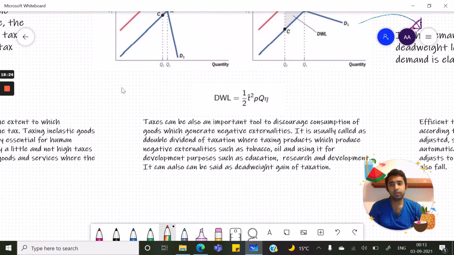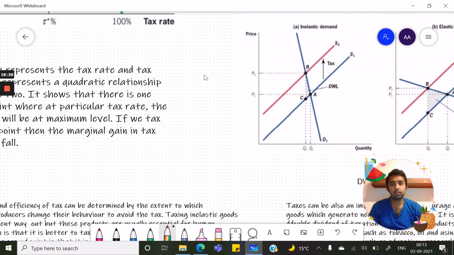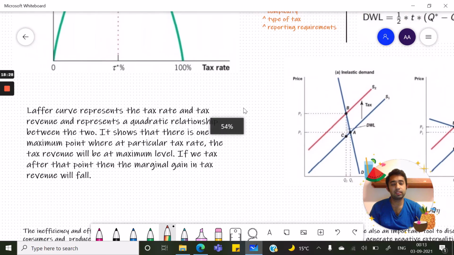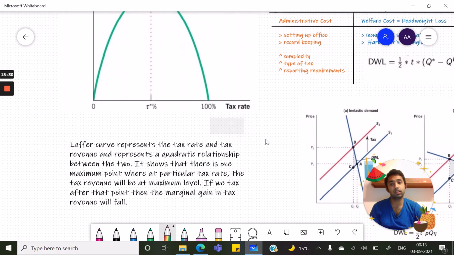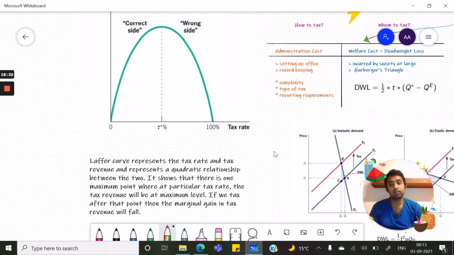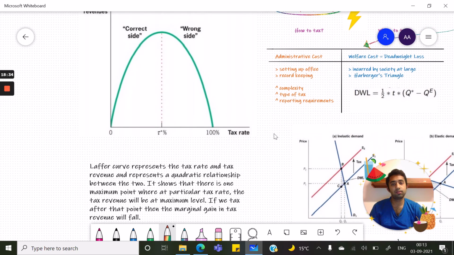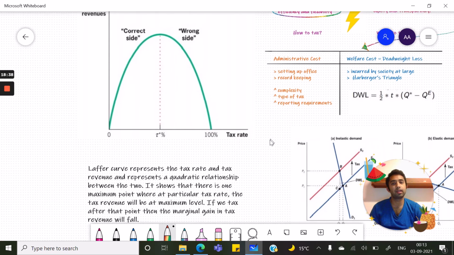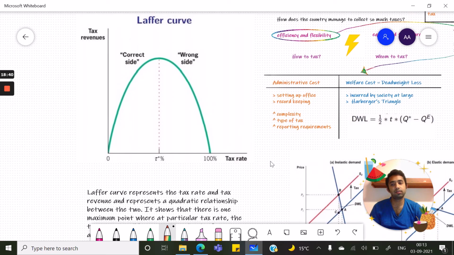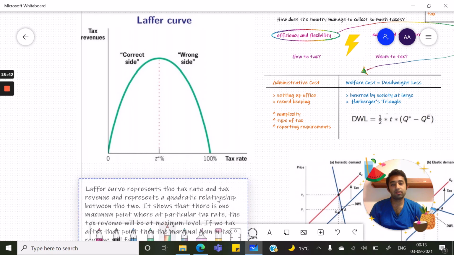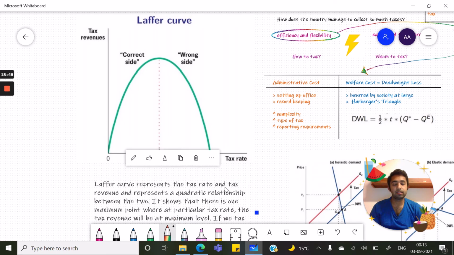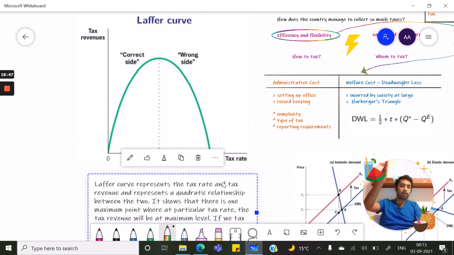So the last point which we will cover in this topic of efficiency and flexibility of tax system and answering how to tax, and this curve gives us a very useful insight on how to tax, right? And this is the Laffer curve, as you all may know. So the Laffer curve tells us, on the y-axis we have tax revenues and on the x-axis we have tax rate, right?